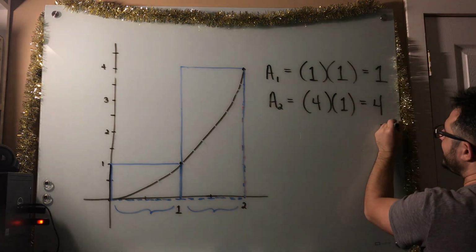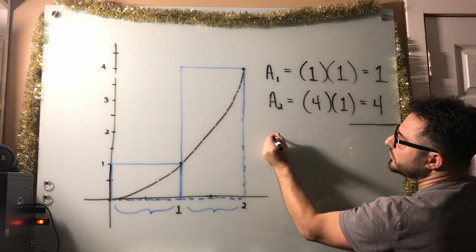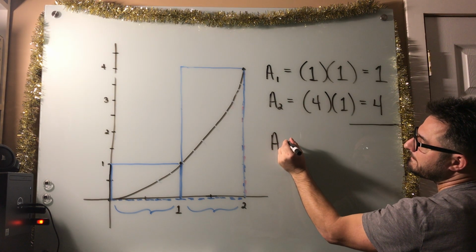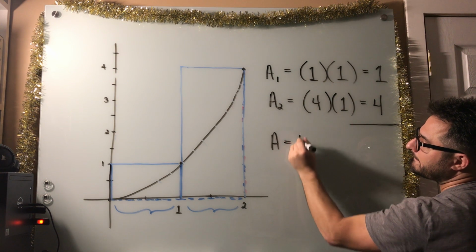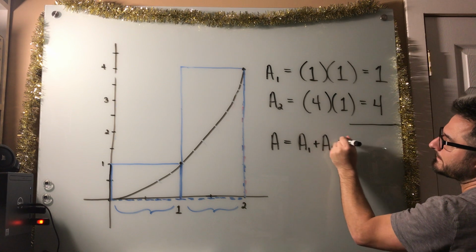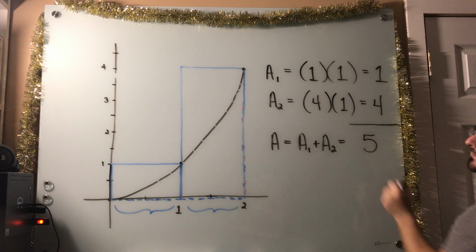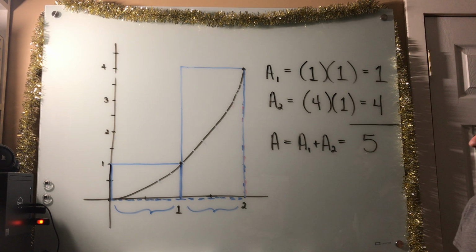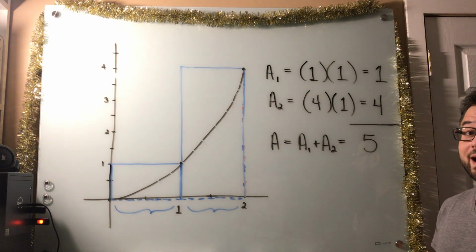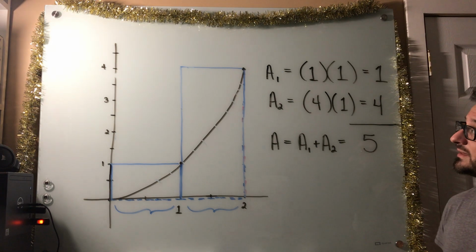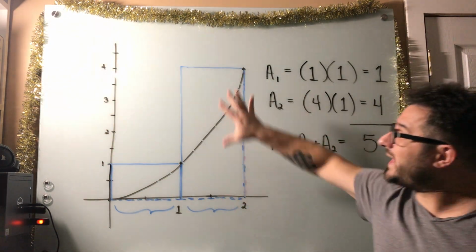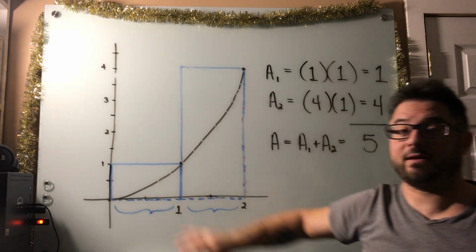Now, if we add them together, we get the total area of the region being estimated at 5, which is, again, considerably better than what it had been. The first estimate with a single rectangle for the whole thing was 8, but we had a ton of extra space up there.